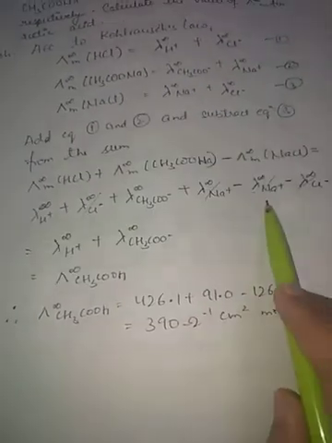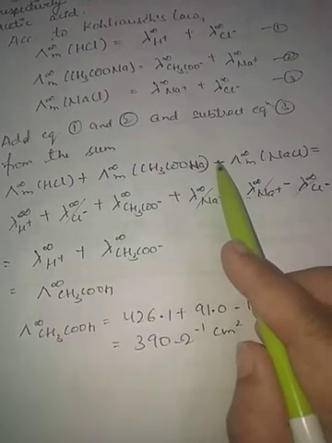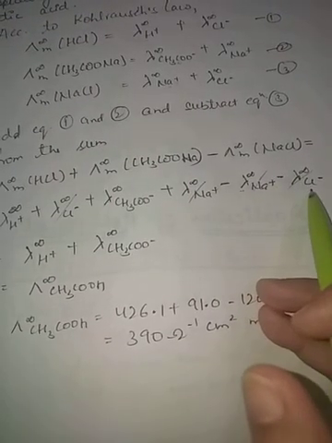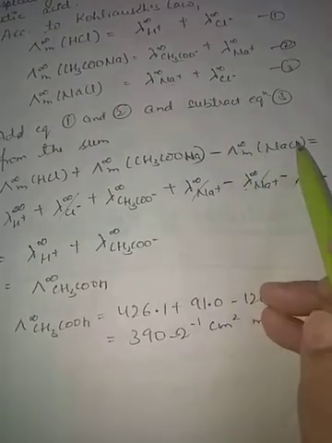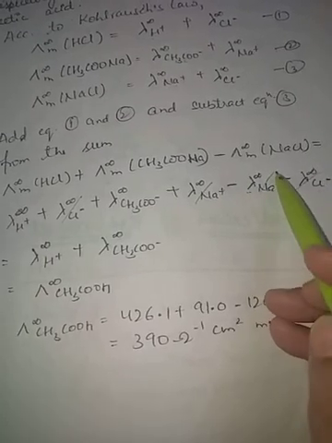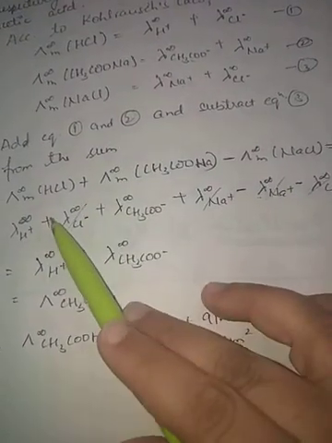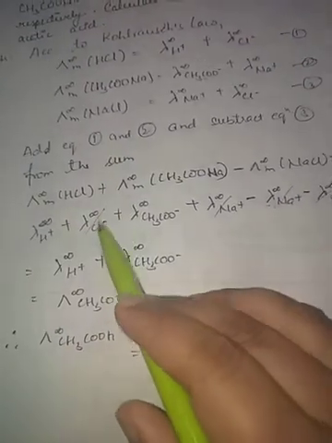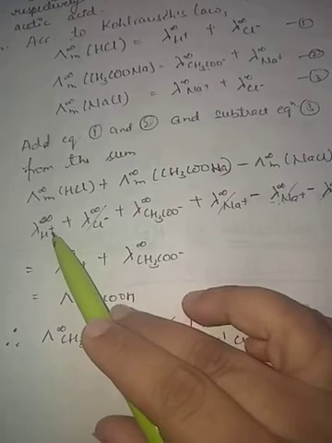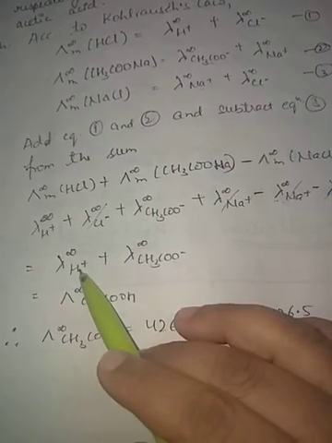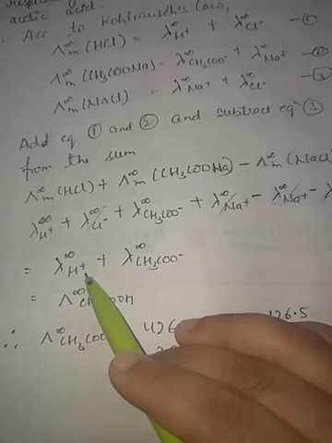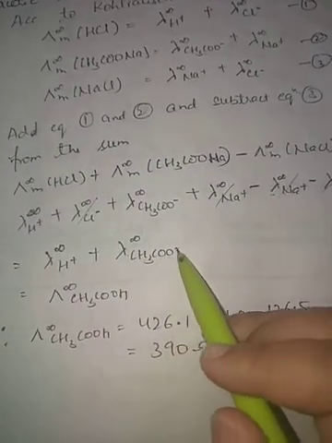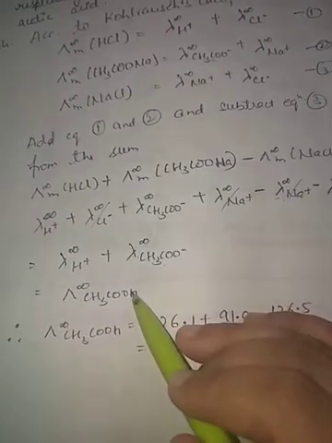See, the negative sign is here, Na plus minus Cl minus, so these two will become negative. Negative and positive will cancel out, and the other negative and positive will cancel out. So we will be left with the molar conductivity at infinite dilution of H plus plus the molar conductivity at infinite dilution of CH3COO minus, that is the molar conductivity of CH3COOH.